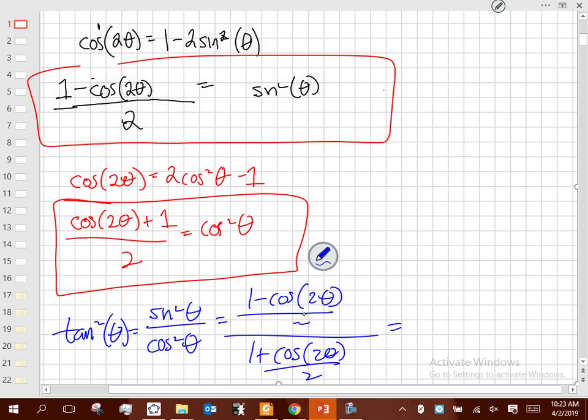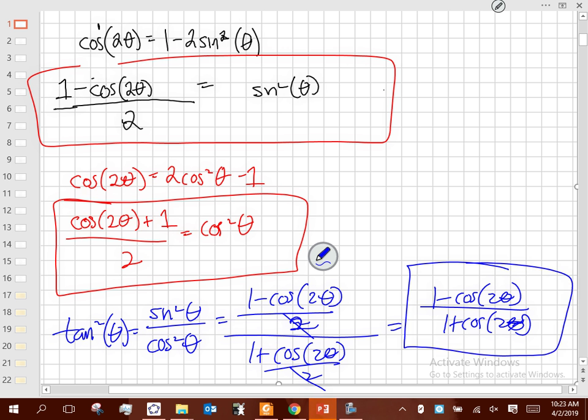What's going to happen because of those 2's being the same? They're going to cancel, because we're multiplying by reciprocals, right? And you're left with just 1 minus cosine of 2 theta over 1 plus cosine of 2 theta.